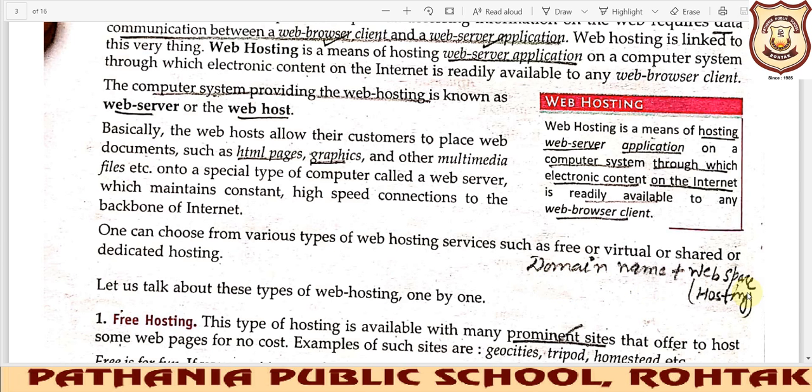There are many hosting sites that are providing you web space; paid services are available, free hosting is also available. So buying a web space is your web hosting, and when you have taken the space on the web for establishing your website with a particular domain name, then it gives you a complete website.